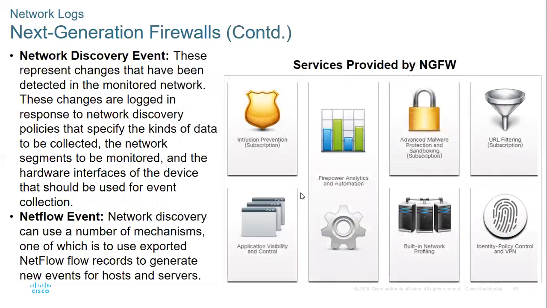Next generation firewalls normally have intrusion prevention systems, Firepower analytics and automation, advanced malware protection, URL filtering, application visibility and control, built-in network profiling (I talked about network profiling yesterday), identity profile control and VPN.